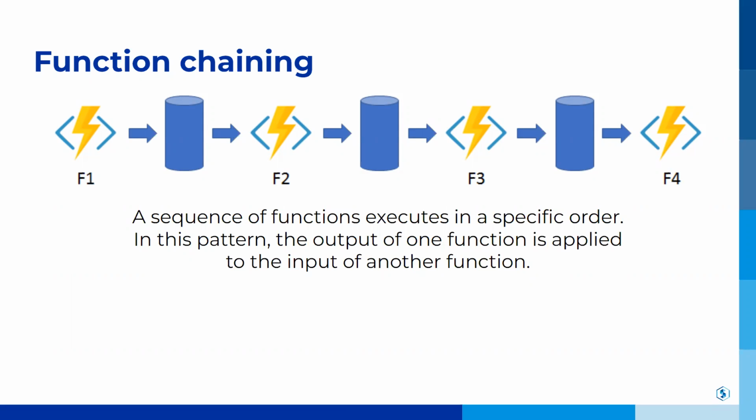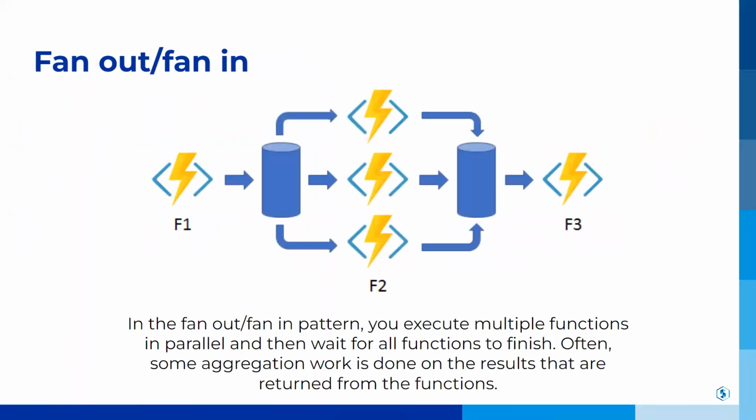The second application pattern is fan out, fan in, which traditionally, if you wanted to implement something like this in a regular Azure Functions application, you would need to keep track of all the functions. Maybe you have a function that triggers more functions, and they are running in parallel.